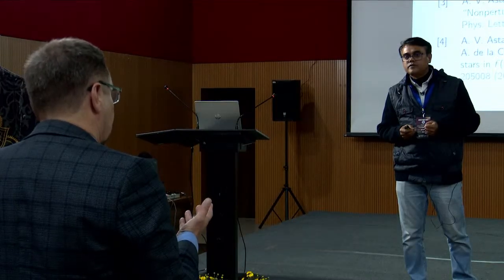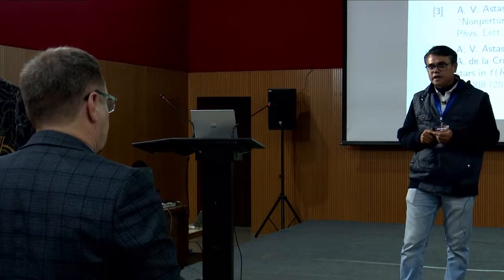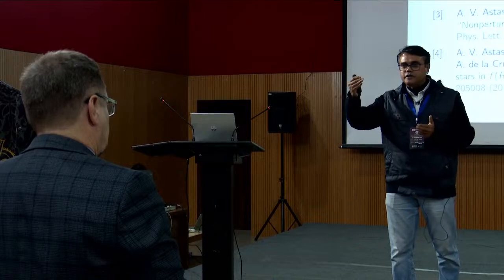Okay. It's not a question, but I just didn't catch what you mean when you speak about realistic equations of state, because as I understand, you consider just a polytropic equation of state. Yes, the polytropic equation of state is the simplest model, and in fact it's not so realistic. I just want to mention that these realistic equations of state were done according to Read and Pani, who did that by taking the piecewise polytropic equation of state, and we are using that.